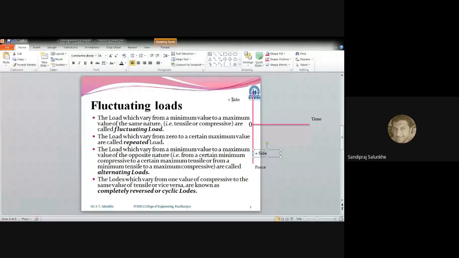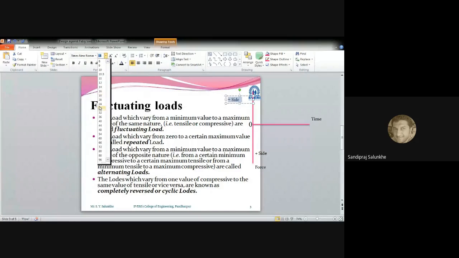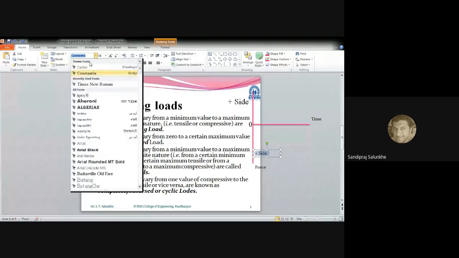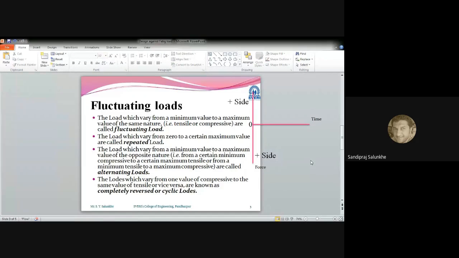This is negative. But for force, we cannot say it is positive or negative. Only thing is that it is with respect to something. It is force and it is going to create its effect. It is going to generate the stress. For example, I'm going to take only an example, okay, don't take it in another way.